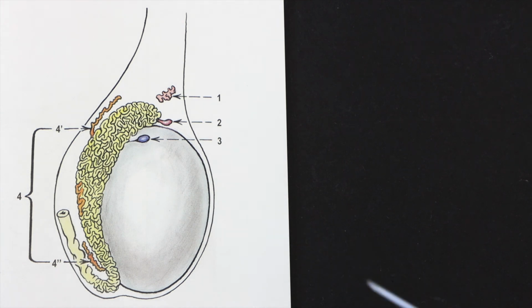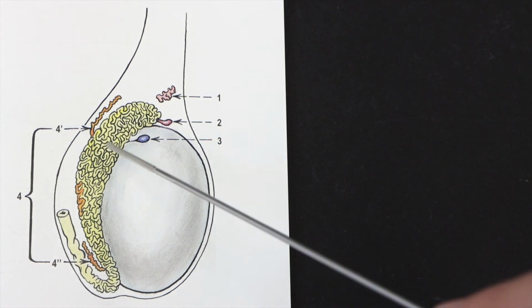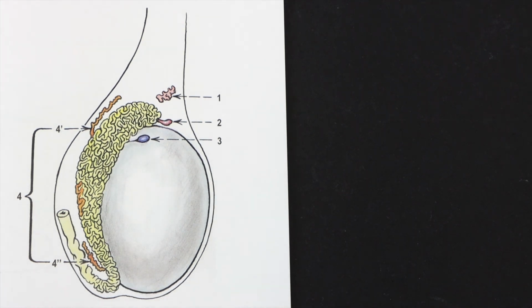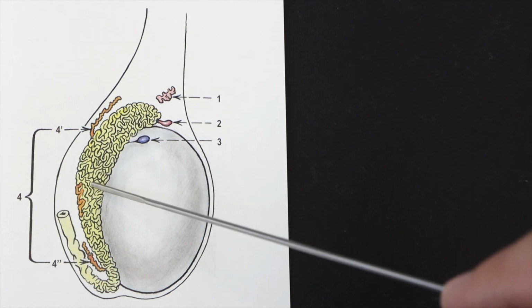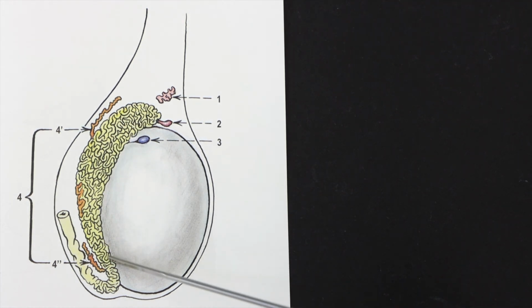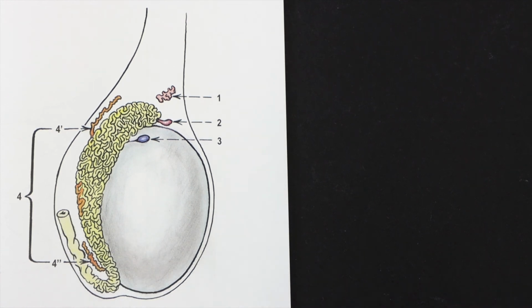From these canals toward the body and tail, we have only one canal, called the epididymal duct, or duct of the epididymis, which goes caudally from the body toward the tail and continues as the ductus deferens.